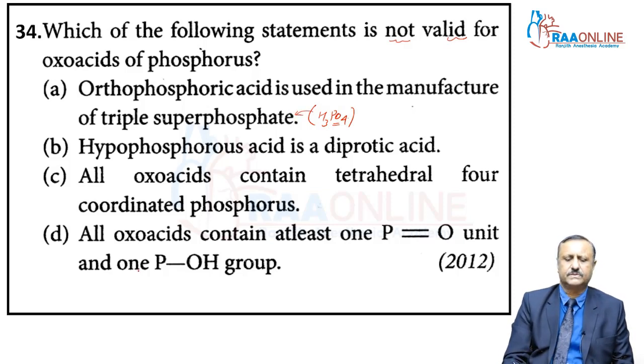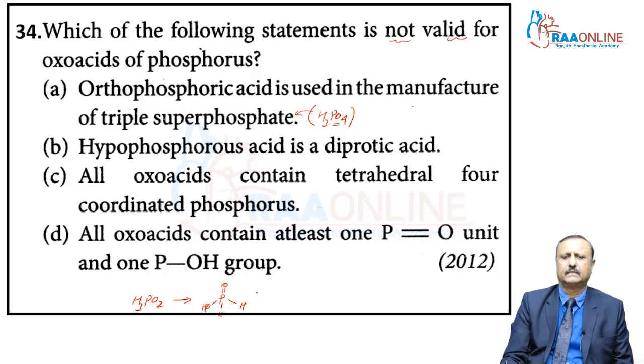Hypophosphorus acid, my dear students, is a diprotic acid, and in question number 32 you can see the structure of hypophosphorus acid, and it is H3PO2. This H3PO2 is called hypophosphorus acid, and in this structure you can see only one OH group is present.